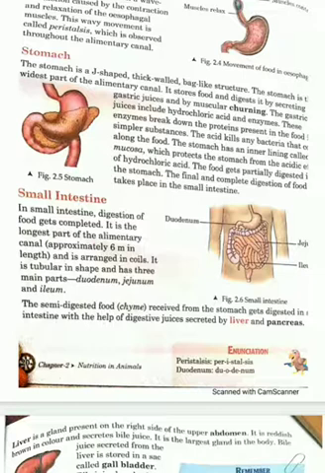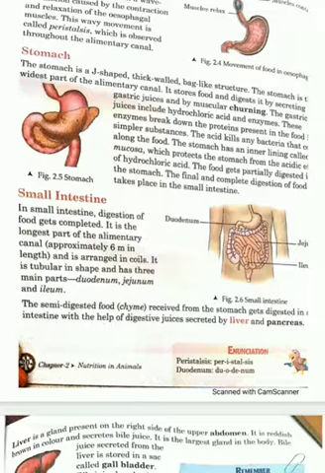Now come to the stomach. What is the shape of the stomach? In some books it is written J shape, but you can write C shape also. It is a thick-walled, bag-like structure. The stomach is the widest part of our alimentary canal, as it stores food and digests the food with the help of gastric juices secreted by our gastric glands, and this muscular movement is known as churning.